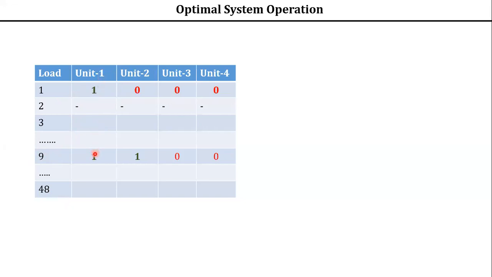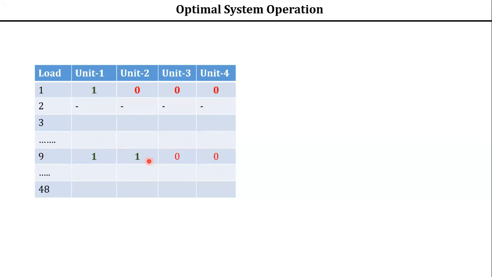So therefore, unit 1 and unit 2 are operating, or on, so represent it as 1. Unit 3 and 4 are not operating, that means they are off, so represent 0. This is what the unit commitment table is. You have to prepare this chart. Understood? Because I have done it for 9 megawatt, the best optimal for 9 megawatt is unit 1 and unit 2.